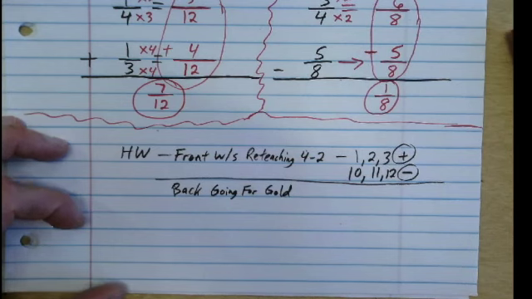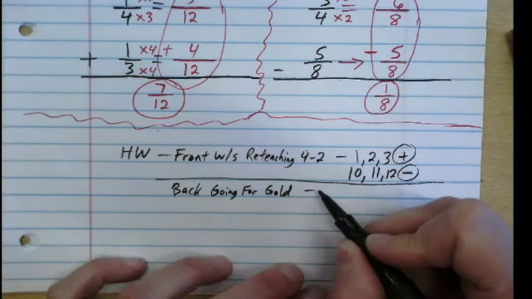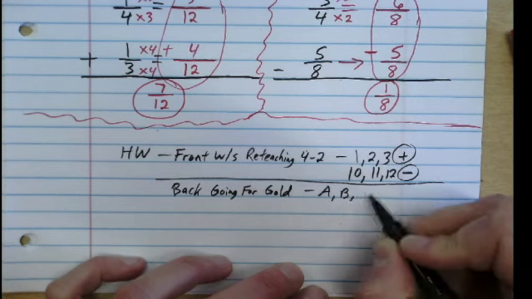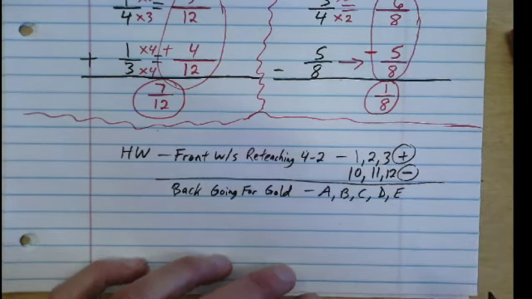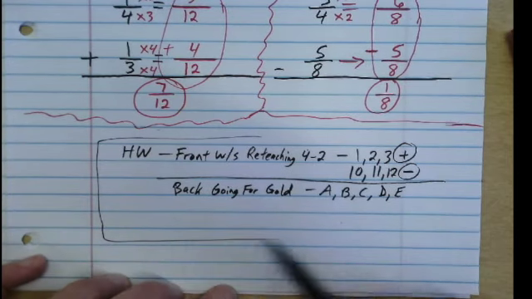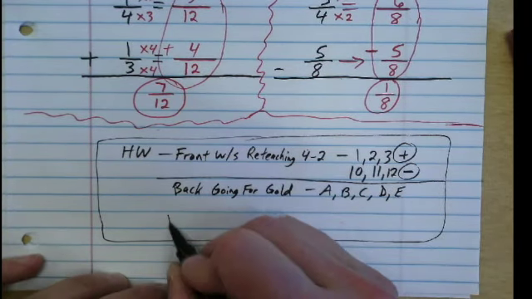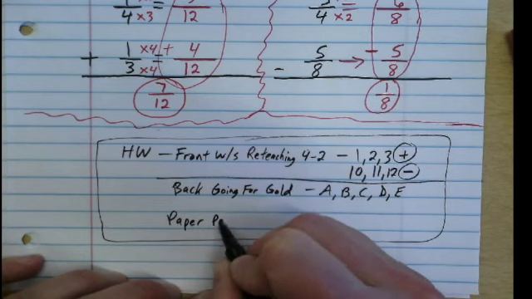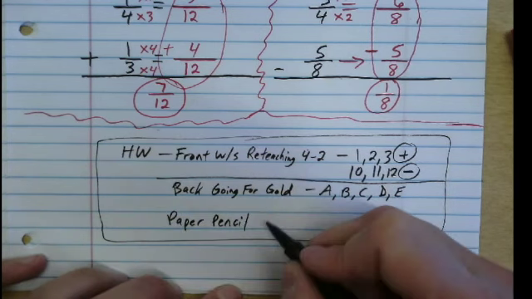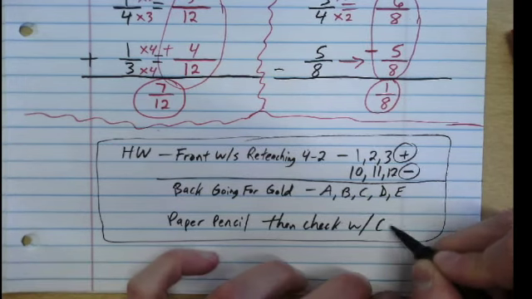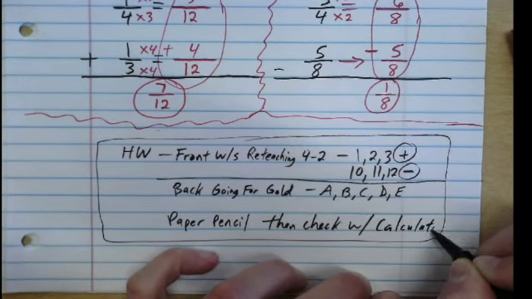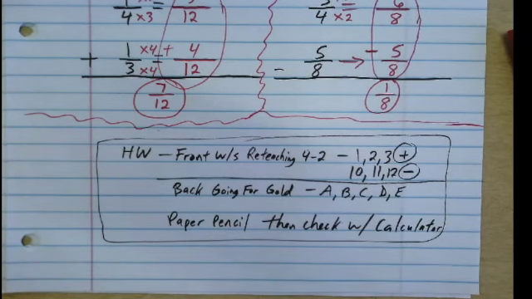I would like you to do problems A, B, C, D, and E. So what I'd like you to do for both of these is I would like you to do obviously the paper pencil like I just showed you in your notes, and then check with a calculator. That way you're practicing using your calculator and how to plug in fractions, and you're also practicing this skill, paper pencil. This should be a review.